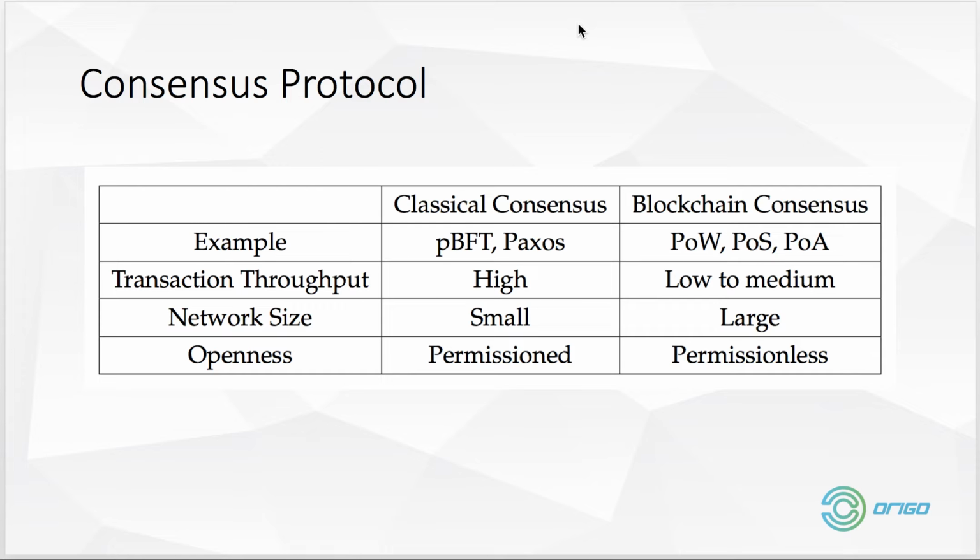So for consensus, there are usually two kinds. One is classical consensus, which maybe people have heard about, like PBFT or Paxos. They are used a lot in distributed systems, normal in industry. It has really high transaction throughput, but it cannot support a large network.